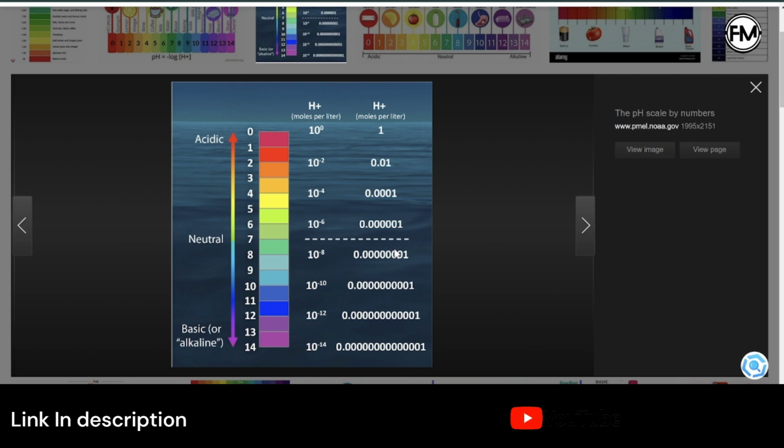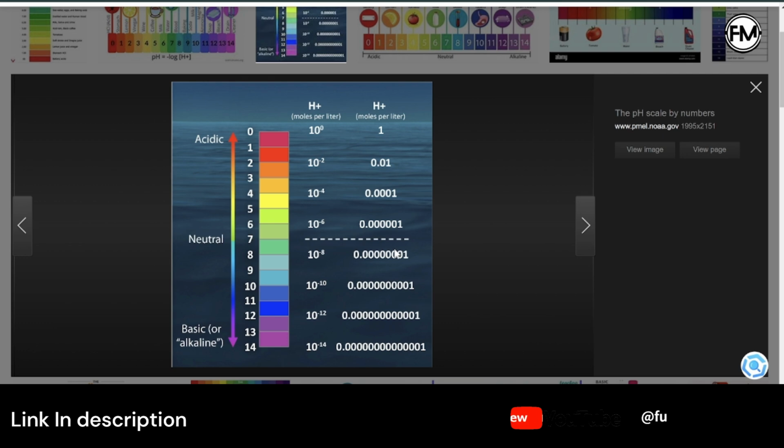But the acids with pH value 0, 1, 2, 3 are very harmful, and we will use them for laboratory purposes, experiments, and for industries. But we have to handle them with care, right? The pH values 5, 6, 7 are easy, like lemon or something, you can eat or consume.